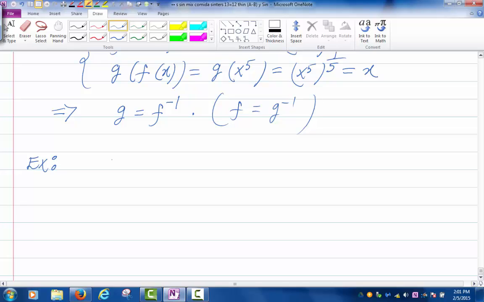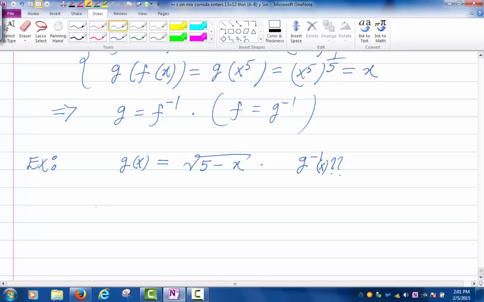So let's say I have a function g of x, and let's say the function g of x is the root of 5 minus x. And the question is, what is the inverse function g, or what is g inverse of x? I'm trying to find a formula for g inverse. So how would I do it?